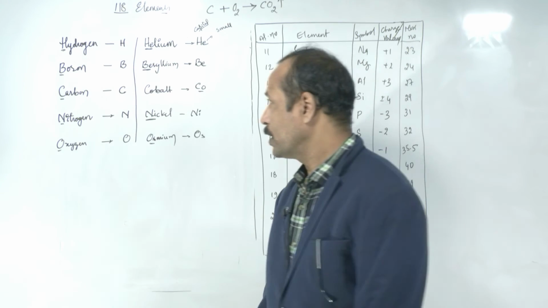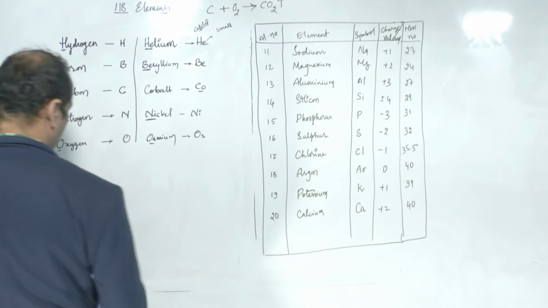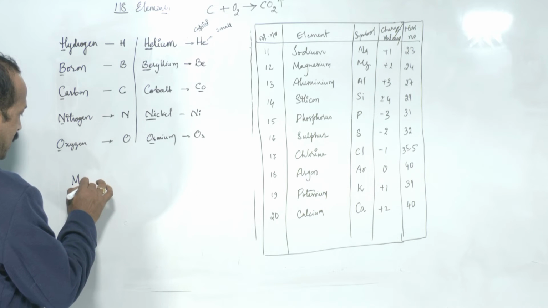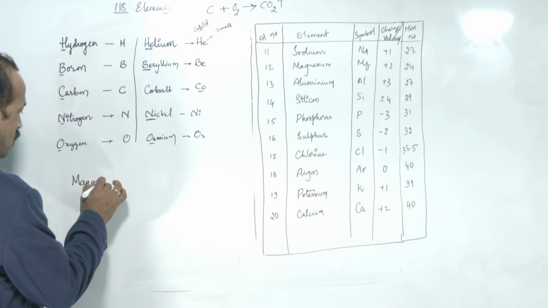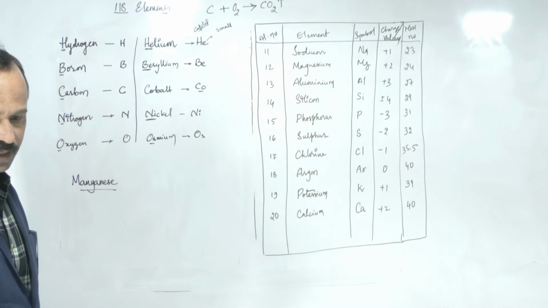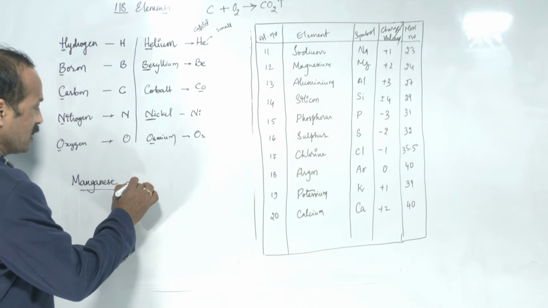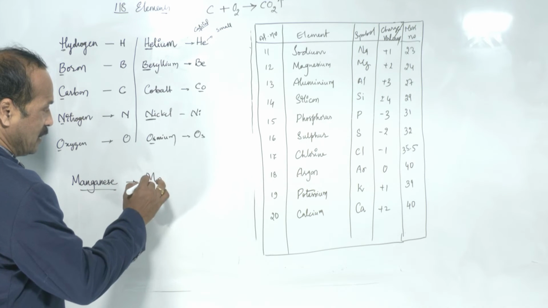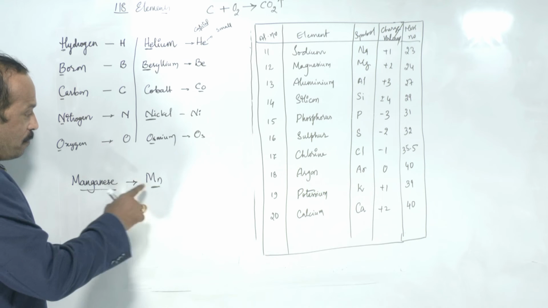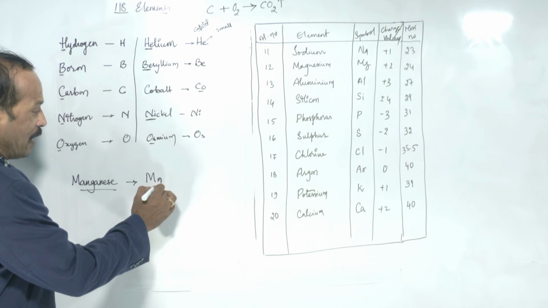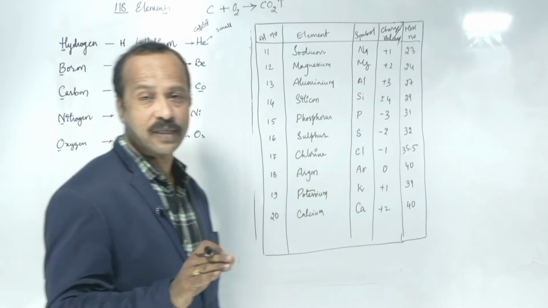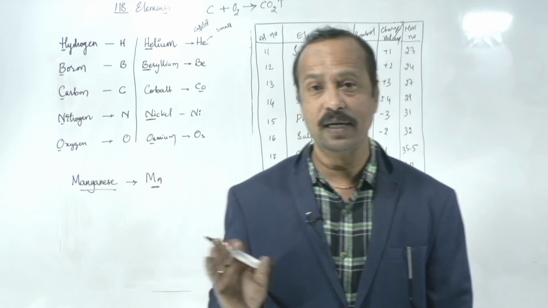Now let us see the example of manganese. This is one element called manganese, right? For this manganese, the symbol given is Mn. Not Ma, even though it's starting with Ma. Here the symbol is Mn. So in such cases, what they have done is some prominent letter is taken.